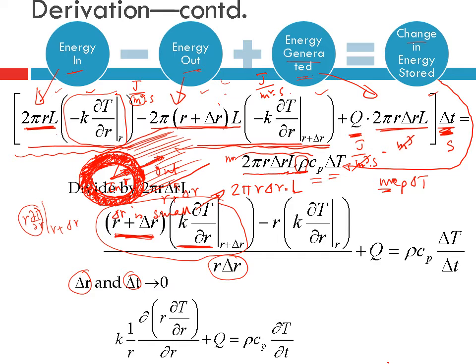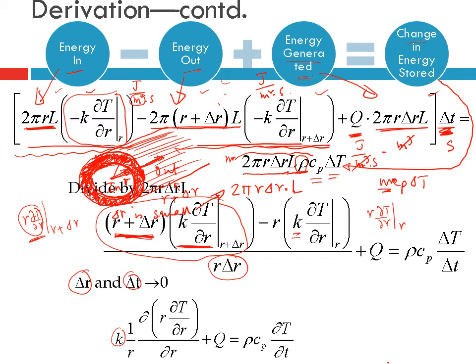And notice this term is sort of the same thing, R del T del R, but evaluated at R. K, we're saying K is a constant, so we're not really discussing K. So you can assume that we can take it outside, which we did here, okay?